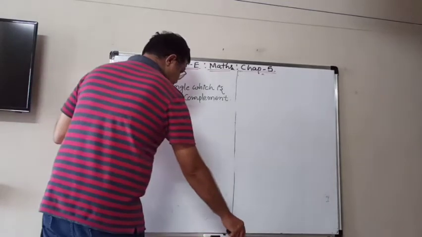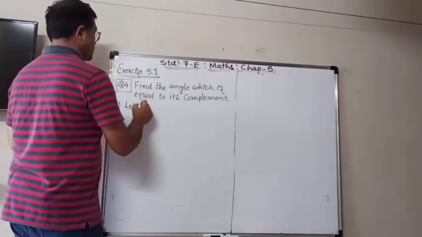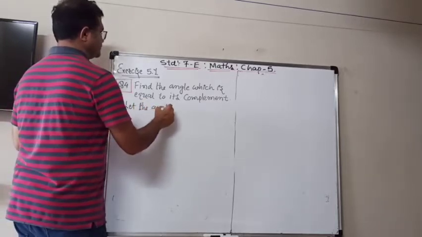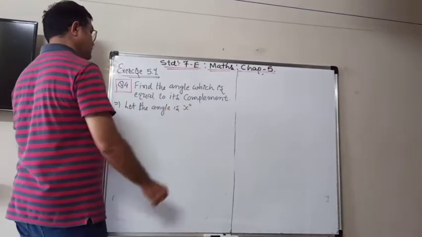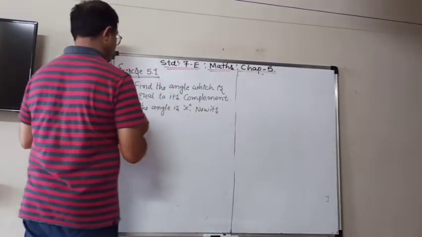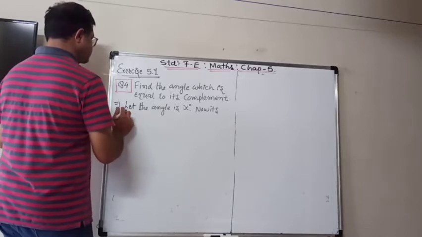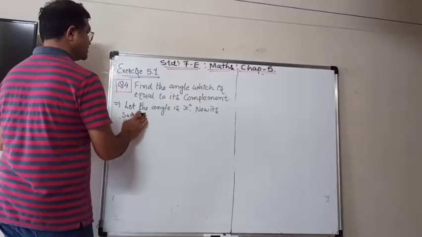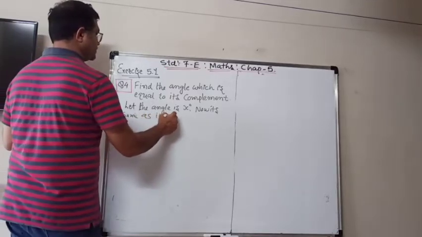So we can start like this: let the angle be x degrees. Now it's the same as its complement.